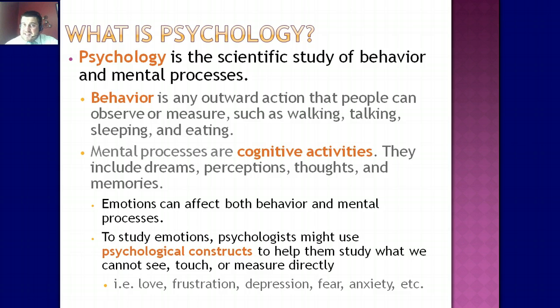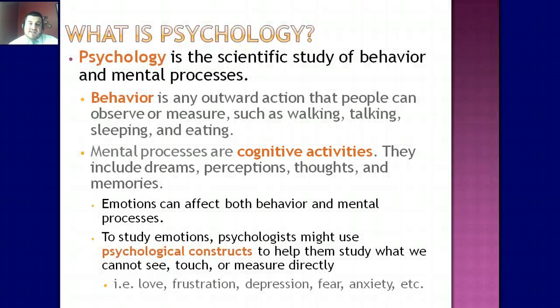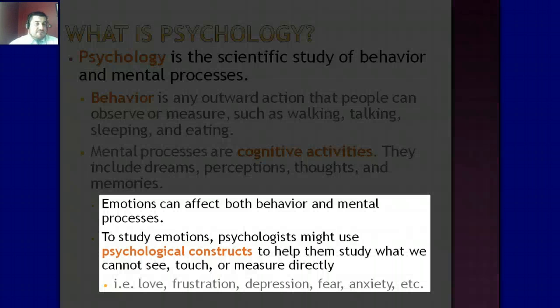Now, mental processes, however, are inward. They are cognitive activities in your brain: dreams, perceptions of the world, which we all have different ones, thoughts, memories, anything else that happens inside the mind. Emotions are a little bit different because emotions affect both behavior and your mental processes, and we're going to study those separate.